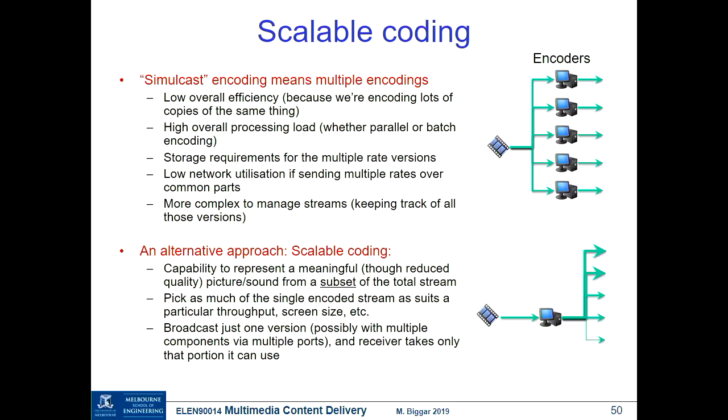But if we pull off just a subset, the right subset obviously, then we're still able to decode it. So we have a lower rate, perhaps a lower resolution to suit a smaller screen, and a reduced bit rate so that we might have access over different networks and so on. And if we're broadcasting, then we need to broadcast just one version and allow the receiver to pull off that portion that it's interested in. So that's the principle.